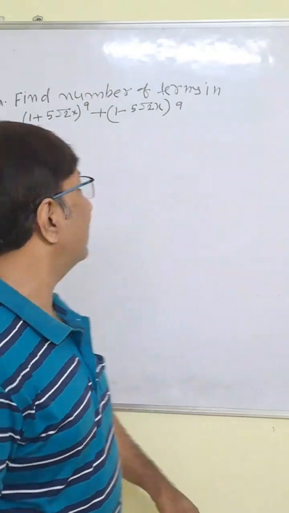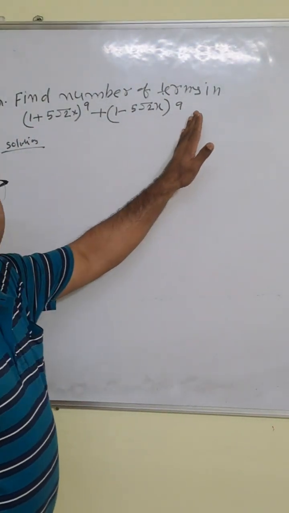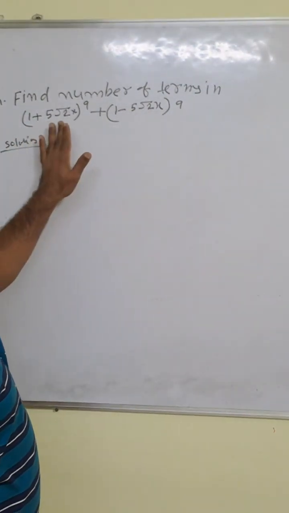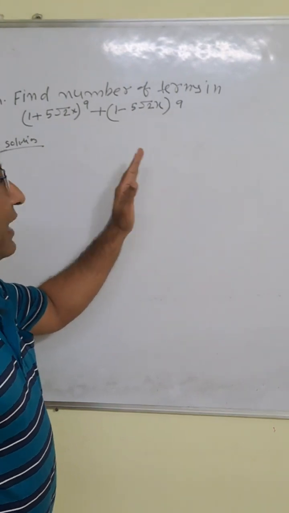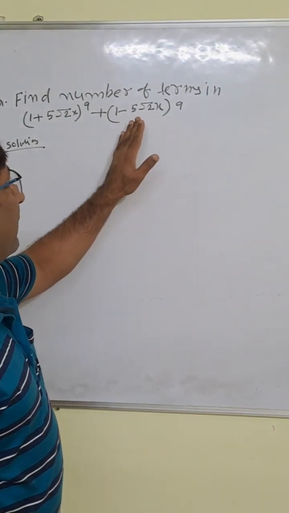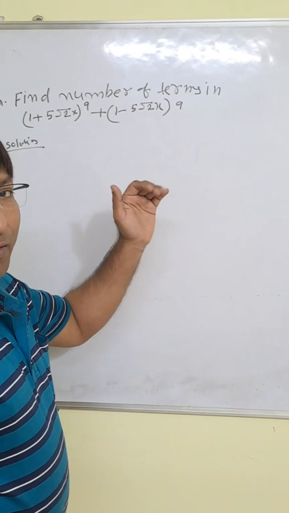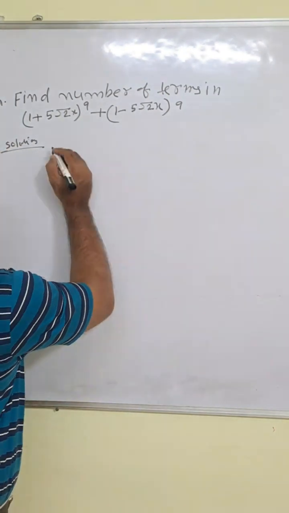Let us see the question. Find number of terms in (1 + 5 root 2x)^9 + (1 - 5 root 2x)^9. For this type of question, simple trick is what?